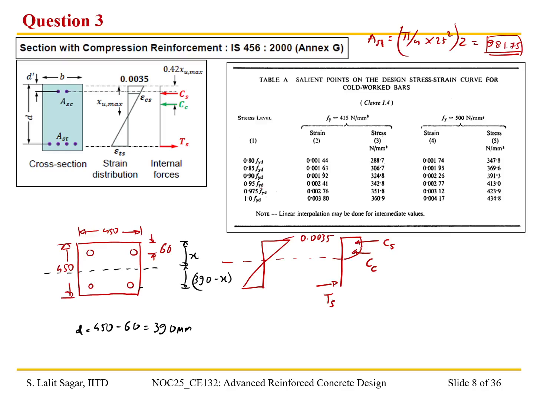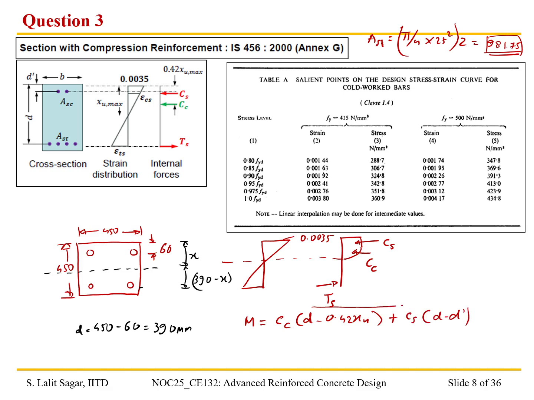Okay, so what we can do is take the moment about the tensile reinforcement. Okay, and then we can write down the equation for the moment capacity. So M is given by Cc into d minus 0.42 xu plus Cs into d minus d prime.